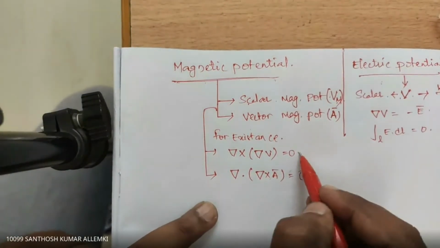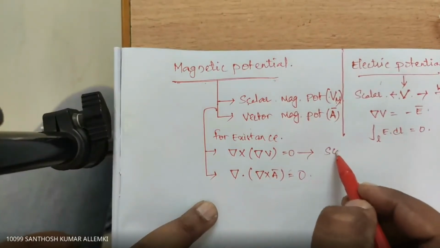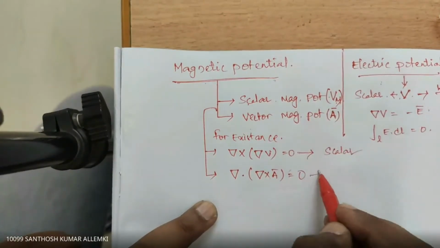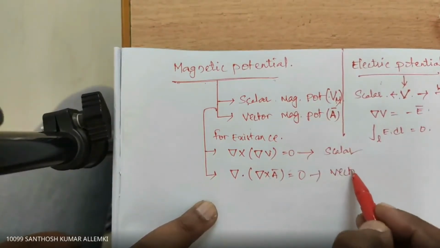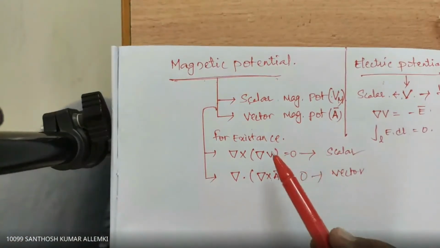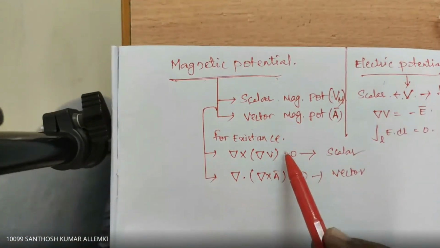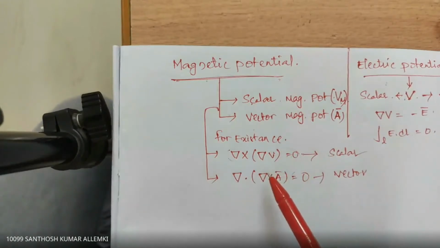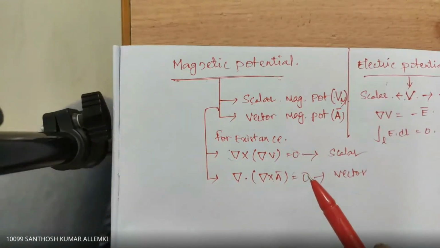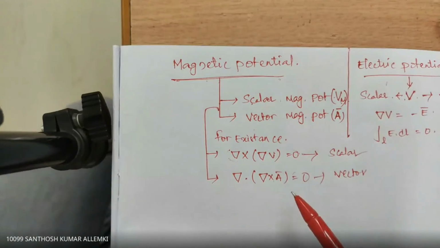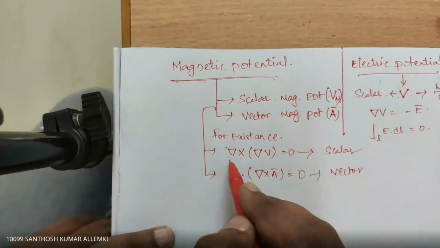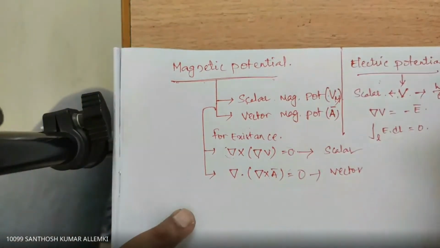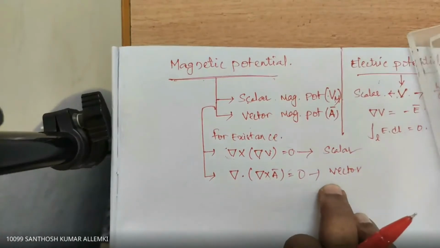This condition is for the scalar case and this condition is for the vector case. For the existence of scalar magnetic potential, this condition must be satisfied. By using this condition, we calculate the minimum requirement for the existence of scalar magnetic potential. This is for scalar magnetic potential and this is the condition for vector magnetic potential.